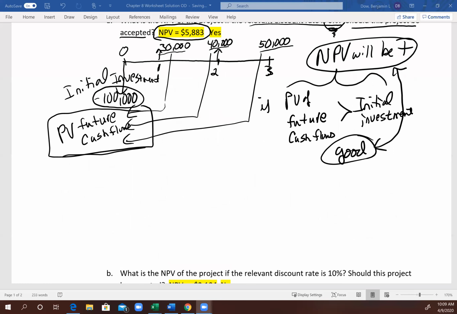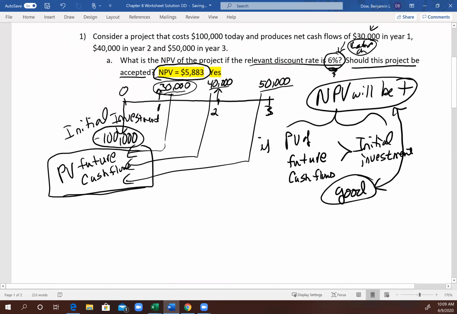All right. Talia, you there? Yes. Okay. Let's look at finding the present value of the future cash flow. So I'm still in 1A. And what I have is $30,000 as the cash flow from year 1, and I want to figure out what it's worth today at 6% interest.